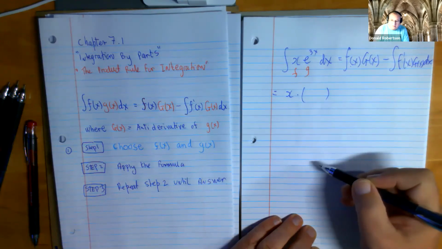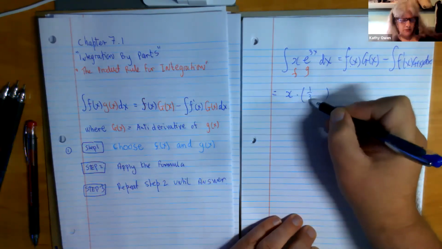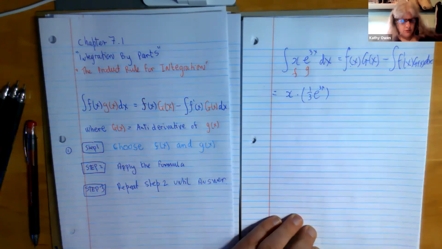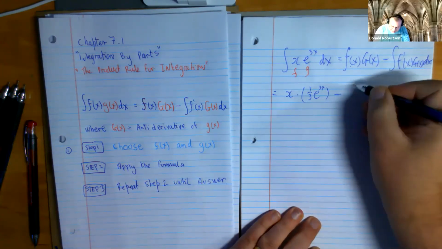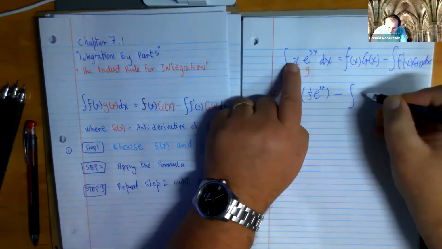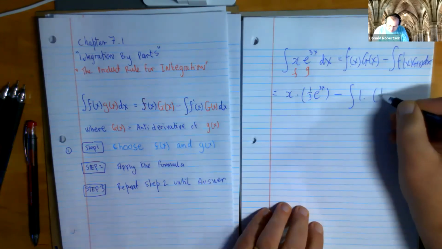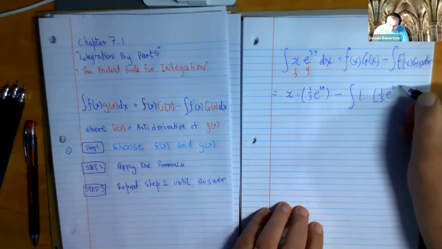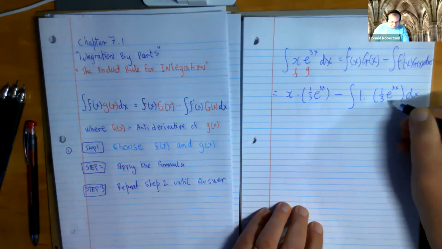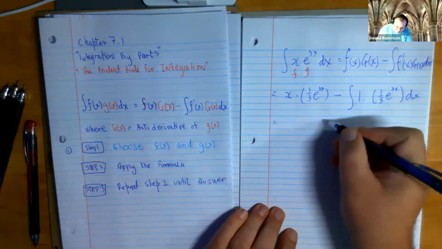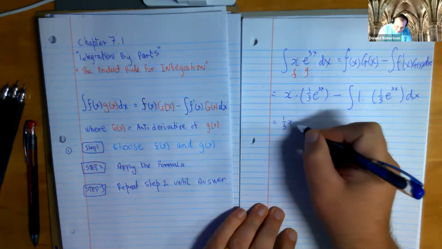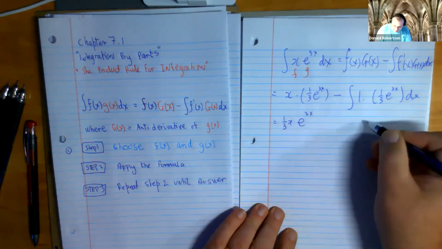Oh, 1/3 e to the 3x. Yeah, I was worried for a minute. Right, take away the integral of the derivative, which is 1, times capital G of x, which we already know is this. I tend to spend a line tidying things up, so that's all I'm doing here.